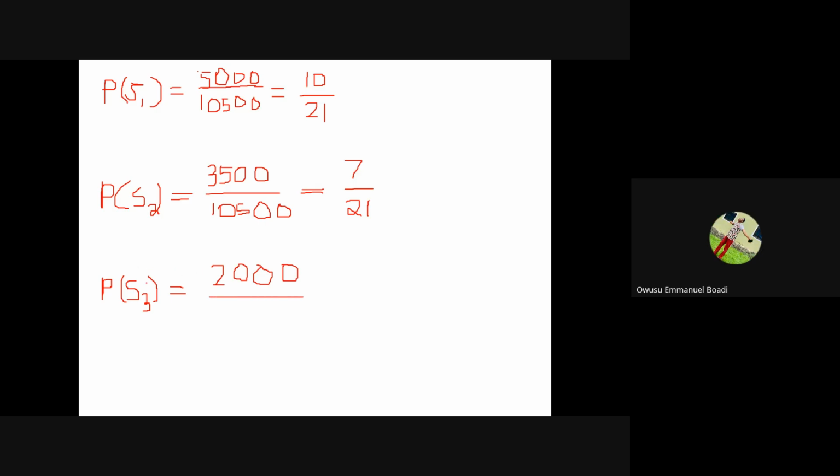That's why we decided to leave it in the same denominator throughout, as like fractions. So here you have it as 4 on 21.